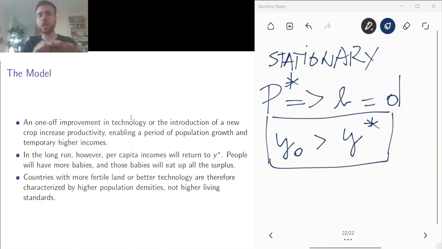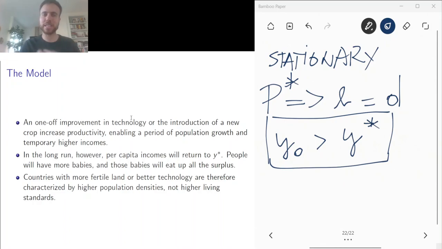However, in the long run, and this is the key difference, which is important here, is the difference between a short run shock and a long run dynamics. So the long run dynamics of the Malthusian model is that population growth is stable over time and income per capita is stable around the subsistence level.